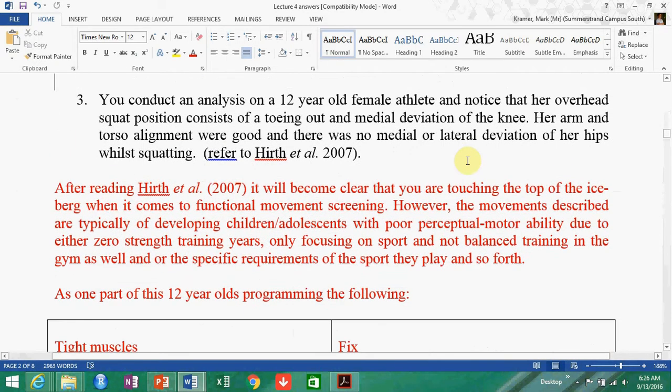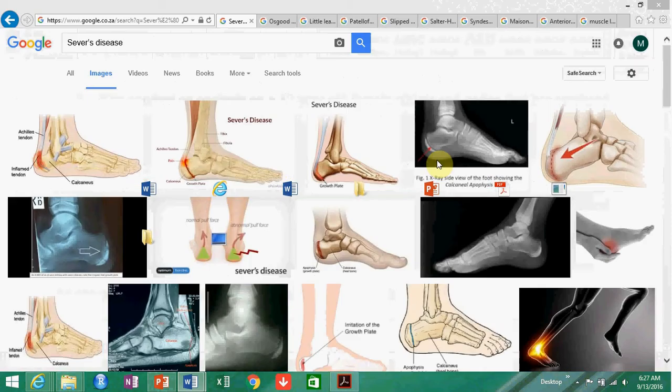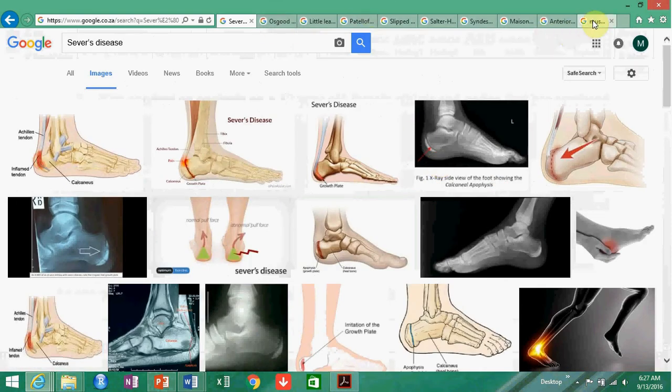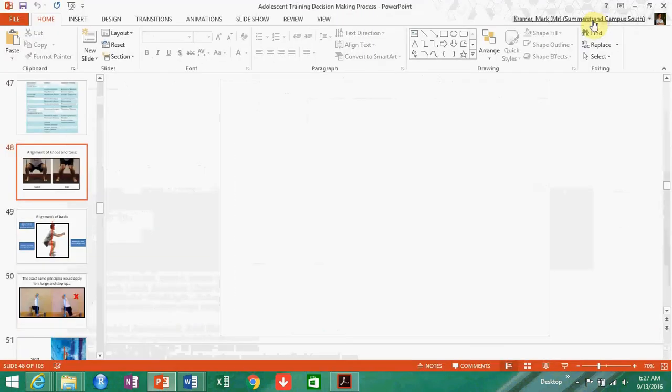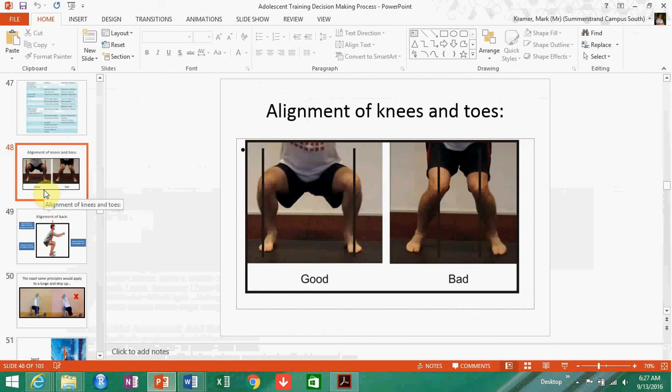Again, just in general, you conduct an analysis on a 12-year-old female athlete and notice that her overhead squat position consists of toeing out and medial deviation of the knee. Her arm and torso alignment are good, and there was no medial or lateral deviation of her hips. So let's just have a look at that type of picture, actually in the presentation I sent you.